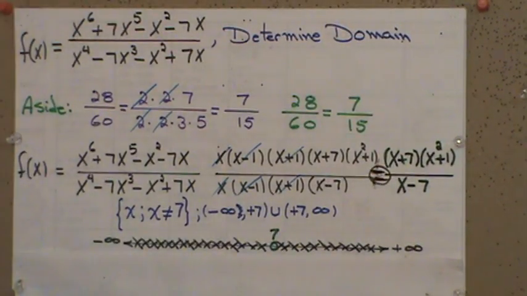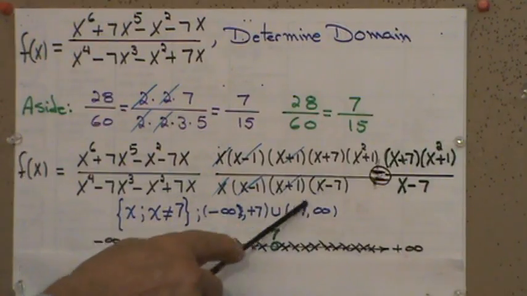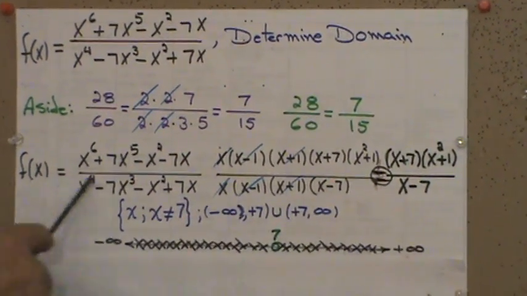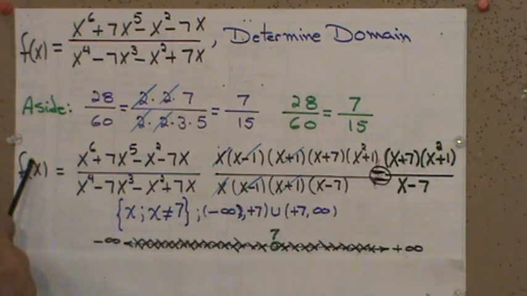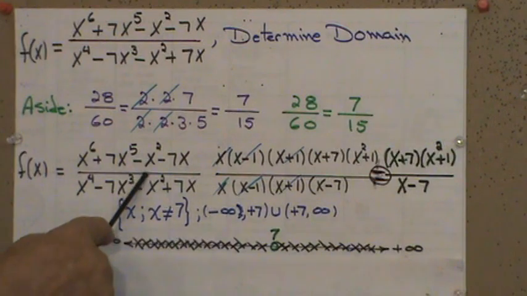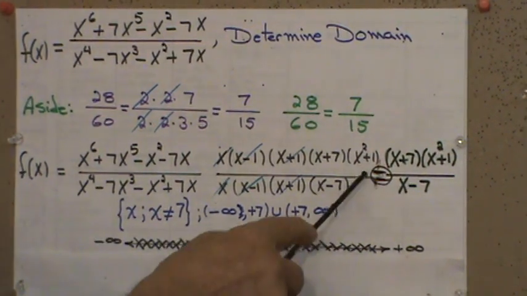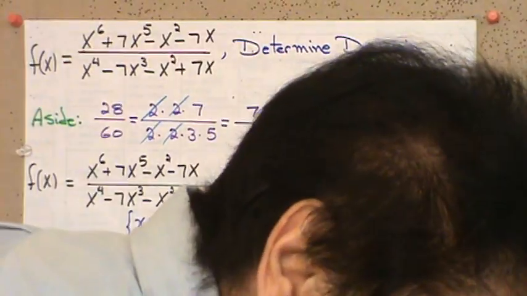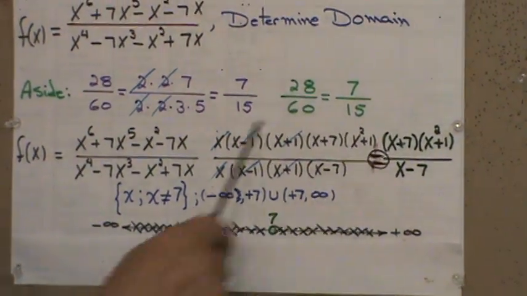Now, f of x is equal to this, and this corresponds to this, that's correct. But the equality f of x equal to this is false. f of x equal to this is correct as long as they are not cancelled. But here I cannot say, let me see if I have a red pen, yes I do, I cannot say that these two are equal.